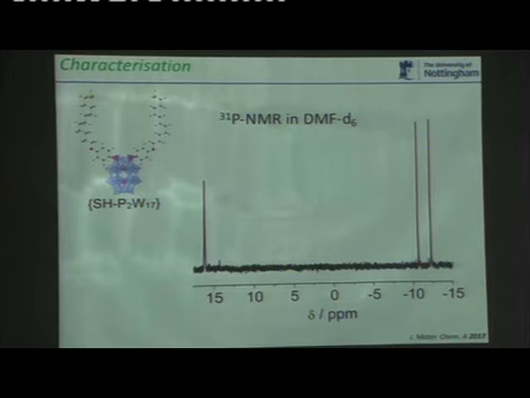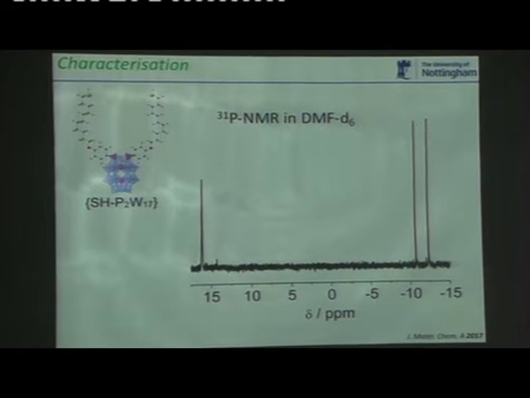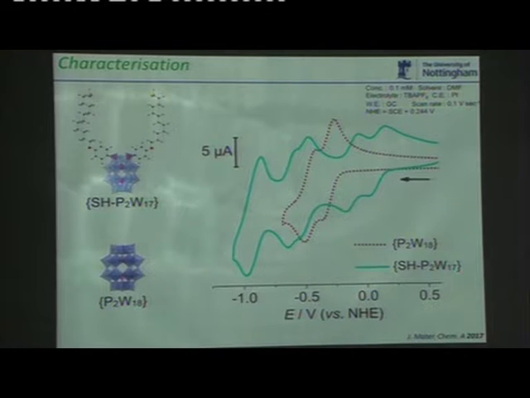This molecule, we characterized it by phosphorus NMR. Phosphorus NMR is just an excellent technique for this kind of hybrid because, like we saw earlier on as well, you've got the phosphates, which are completely embedded into the polyoxometalate core, and then you've got the phosphonates here. And they're all the characteristic signals, and we can monitor pretty closely what's going on in any system.